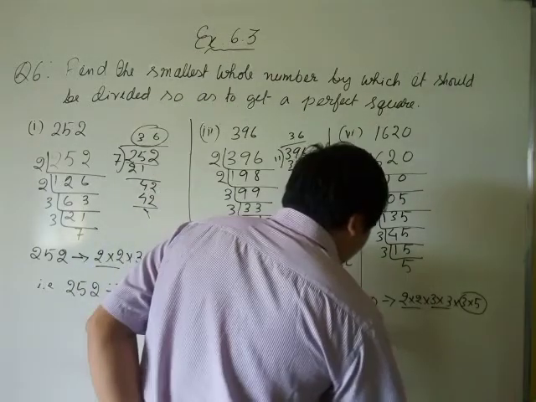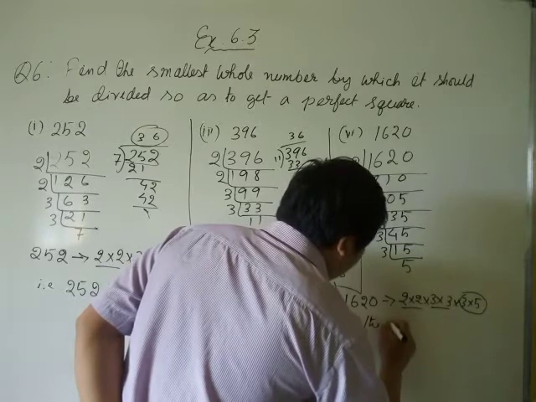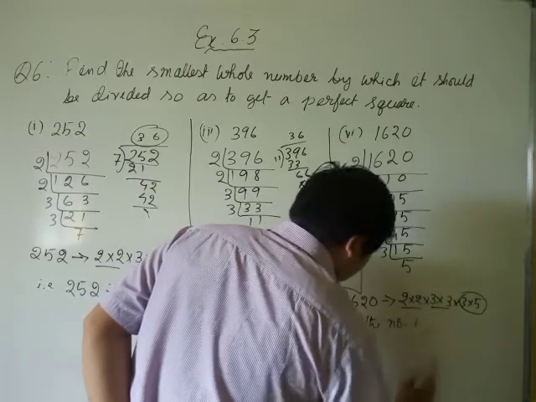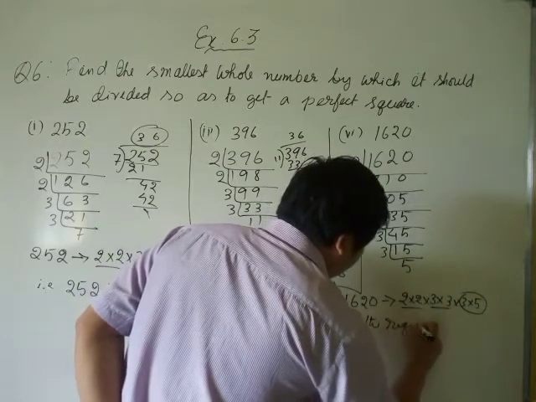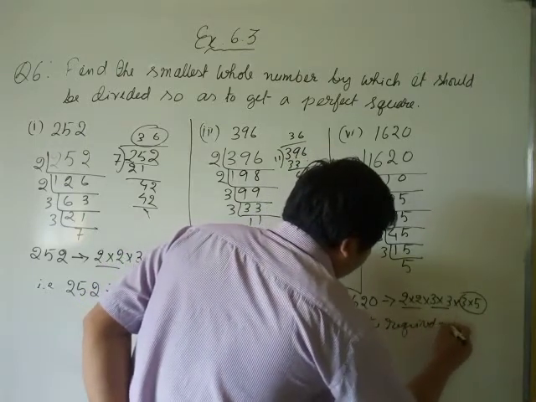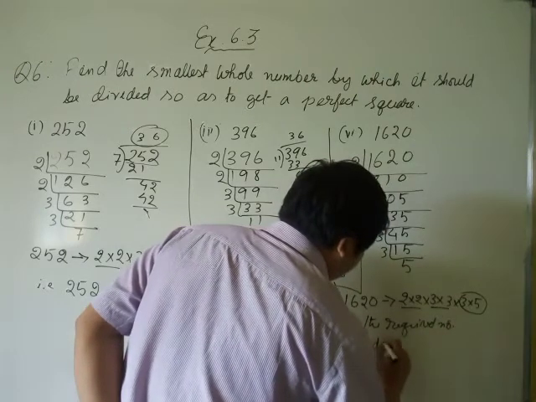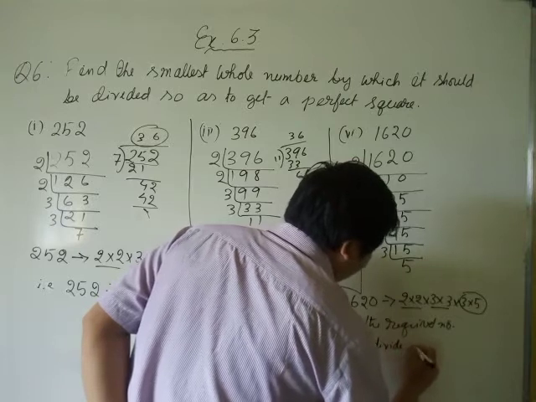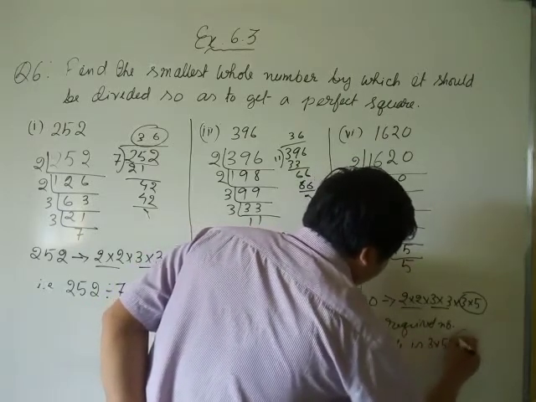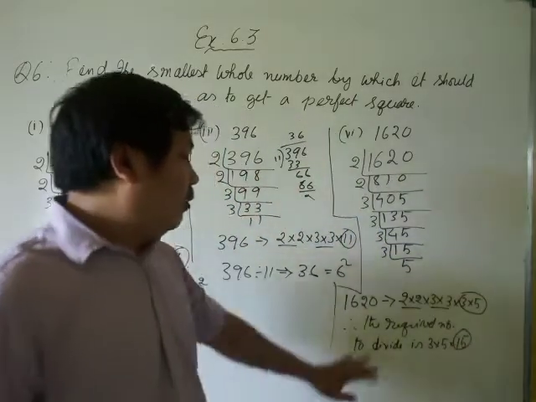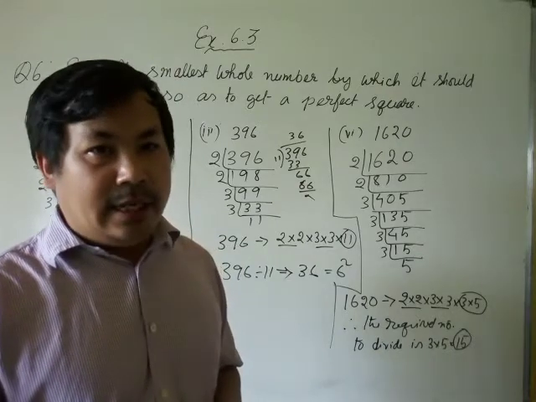Therefore, the required number to divide is 3 into 5, which is equal to 15. So 15 is the number. If you divide this number by 15, then you will get the square. That's all. Okay, clear?